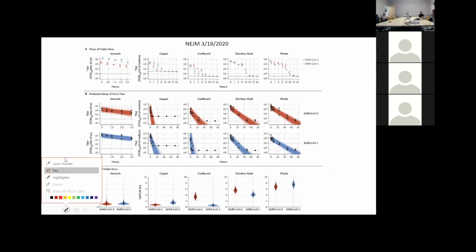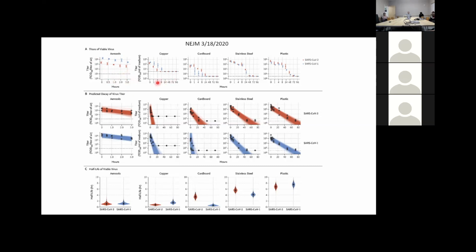These are titers of viable virus in aerosols. You can see that the SARS-CoV-1 virus survives better, so there's a higher titer than the SARS-CoV-2, but at 3 hours there is a detectable amount of both viruses.